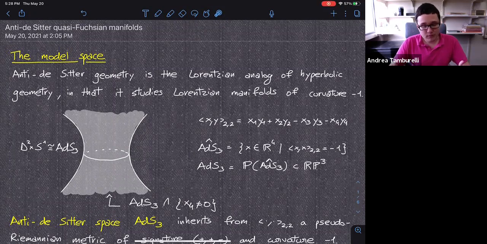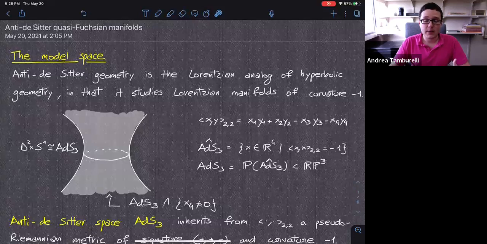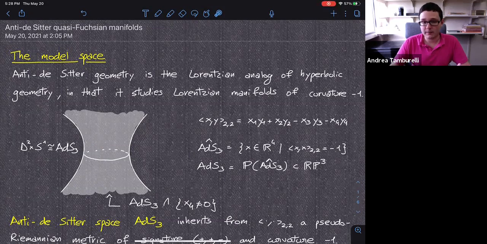So the main difference is that now our manifolds are endowed with a pseudo-Riemannian metric of signature 2, 1 if we are in dimension 3. So we will have directions in which tangent vectors have positive norms and directions in which tangent vectors have negative norm. So let's first describe the model space.